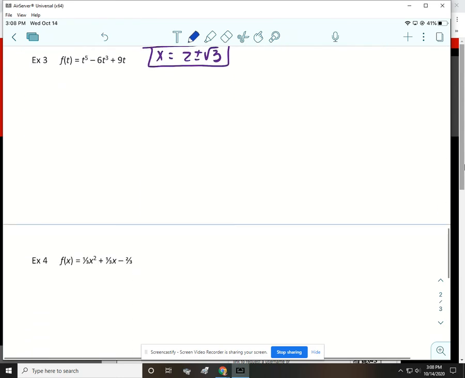All right, let's look at example 3. So for A, we're finding the zeros, so we'll take the function and we'll set it equal to 0. Factor out a common factor of t.